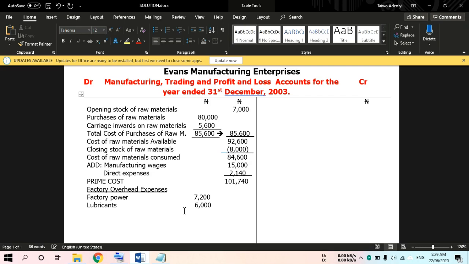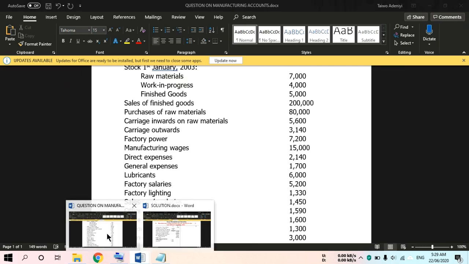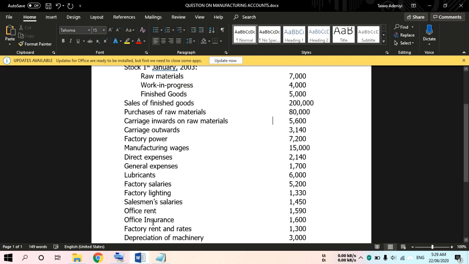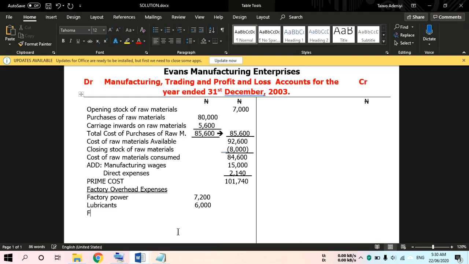Next is to check the factory salaries. As you can see, 5,200 naira. Factory salary, 5,200 naira.